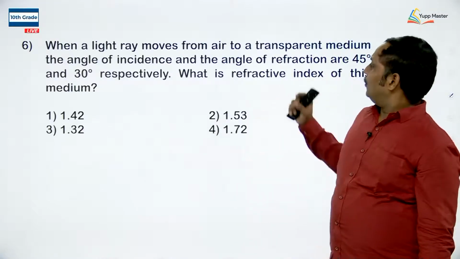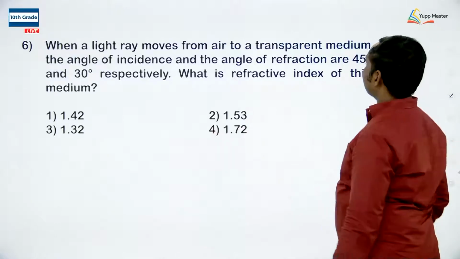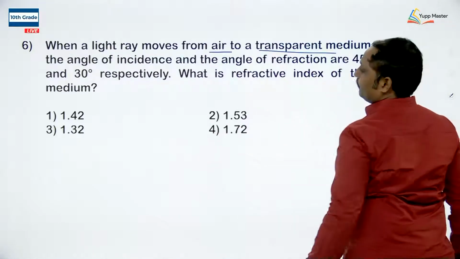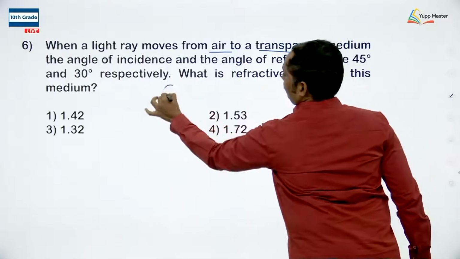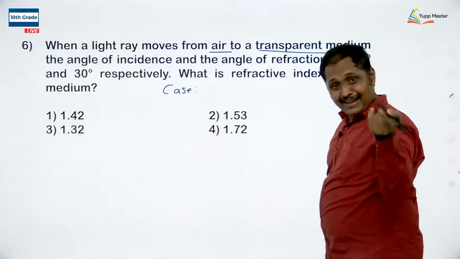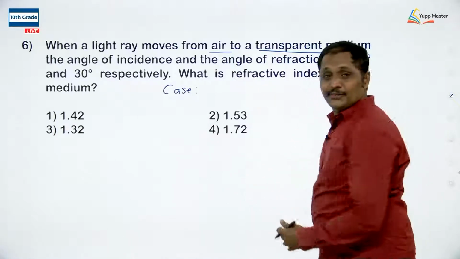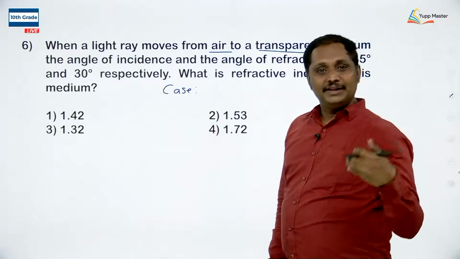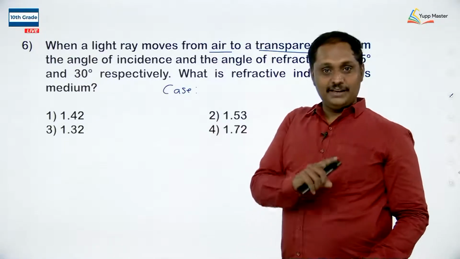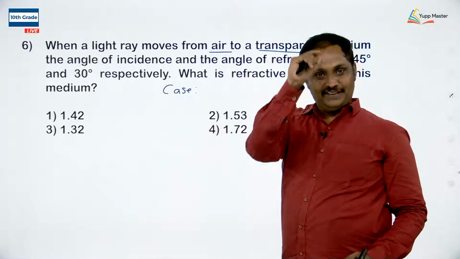You have to take that light enters from air to a transparent medium. The transparent medium is either glass or water or whatever it may be. You need to find it by getting the refractive index value.